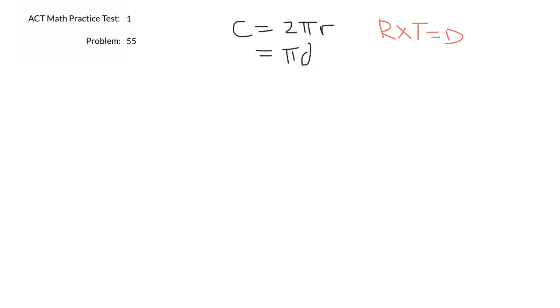Okay. So, in my opinion, that's what makes this a difficult problem, because you have all these concepts packed into a single problem. You have circumference, you have rate times time equals distance. You need the insight that the distance traveled by one full revolution of a wheel is equal to the circumference of the wheel.